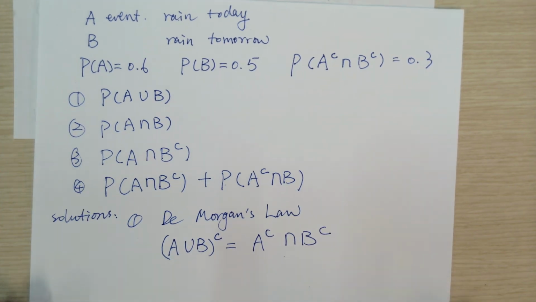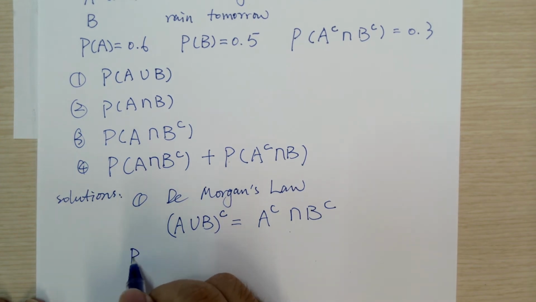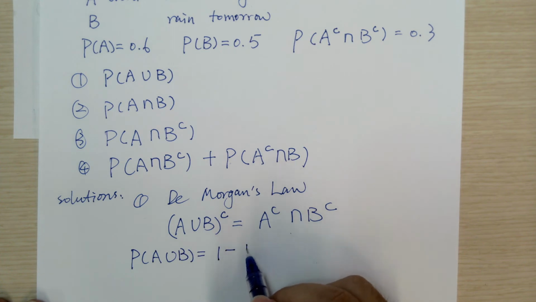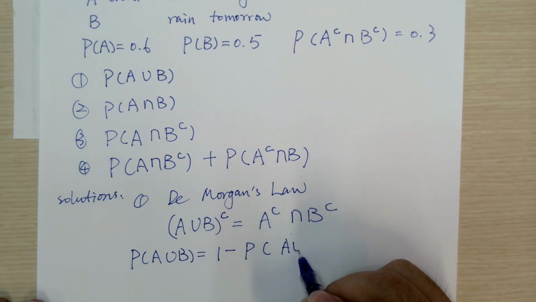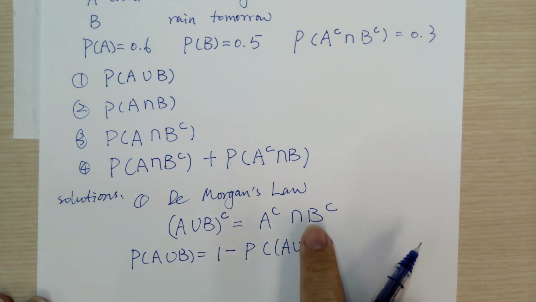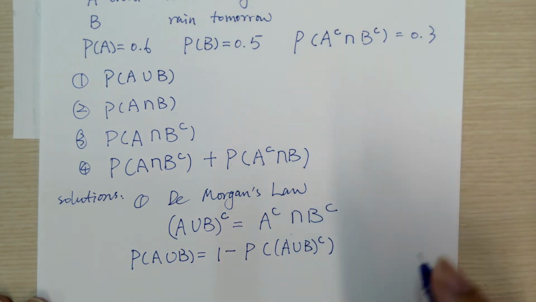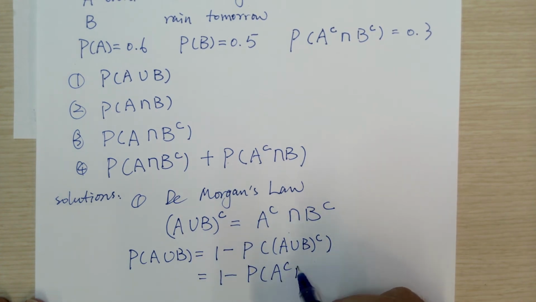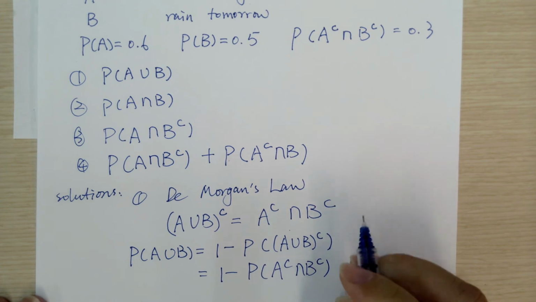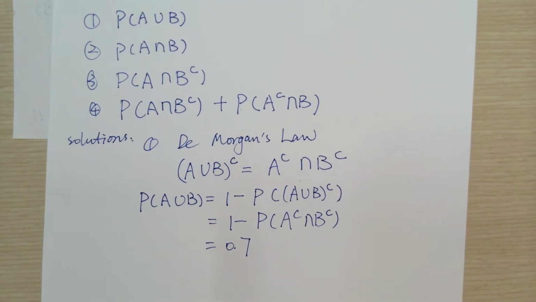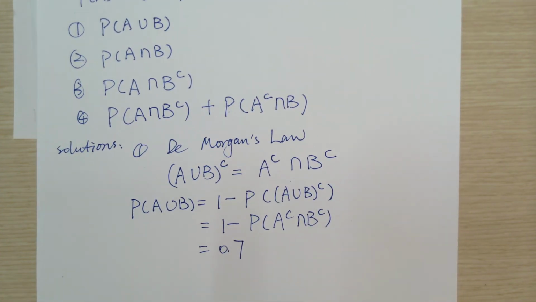So if we want to figure out the probability of A union B, which also equals 1 minus P of A union B complement, and noticing that this complement equals here, so actually it's exactly this piece, so it equals 1 minus P A complement intersect B complement, and we know that part, which is 0.3, so that gives us 0.7. Okay, 0.7. So that's the first thing we can figure out.